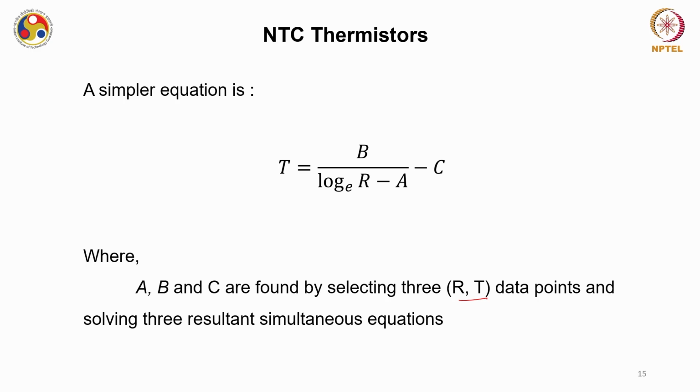So you have 3 RT values, R1 T1, R2 T2 and R3 T3. If you solve these 3, you can actually find the A, B, C values, and then finally you can calculate the T value.